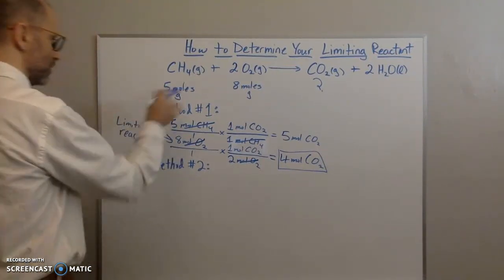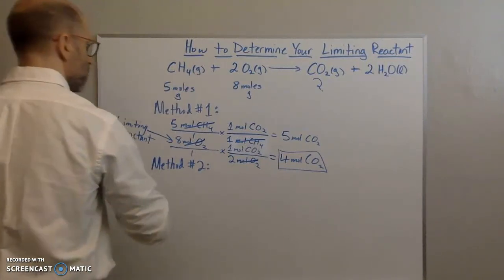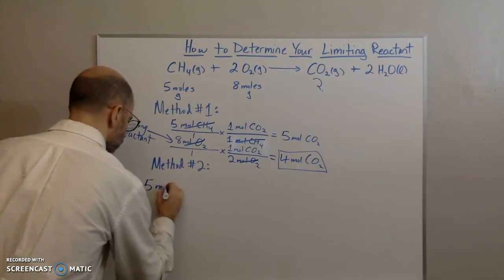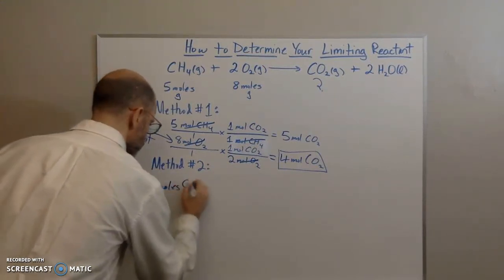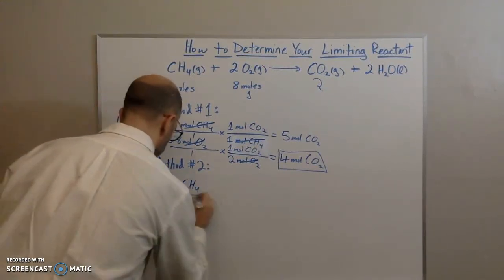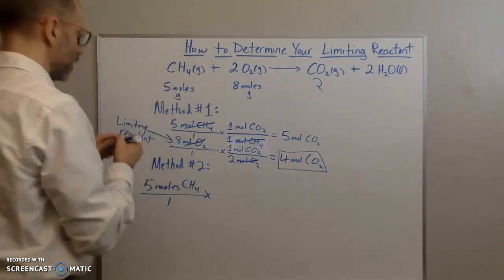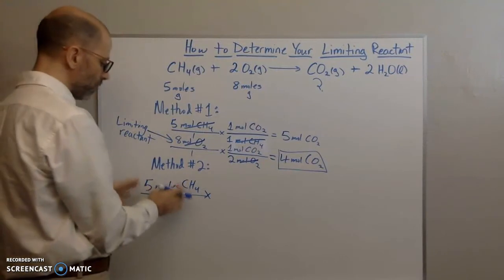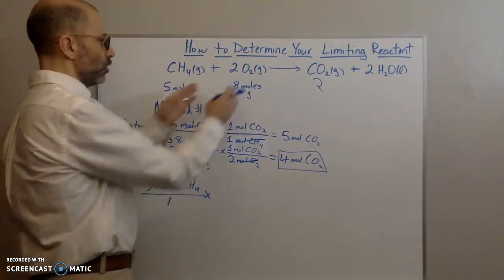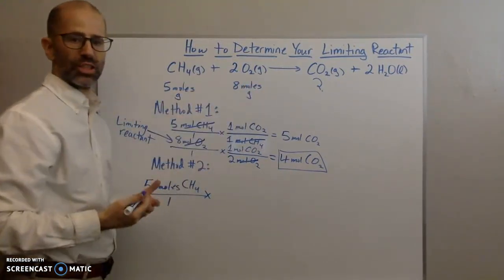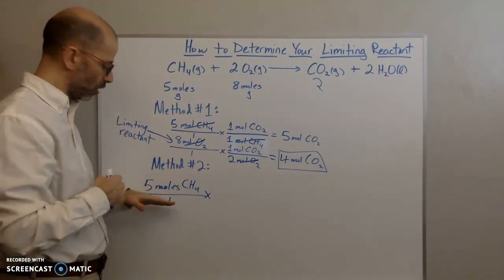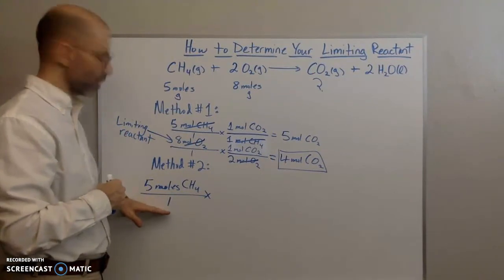So for example, let's take the methane. I have 5 moles of methane, CH4, and I can use the mole ratio to convert this amount of moles of methane to the amount of oxygen I would need to completely react with all of my methane, right?